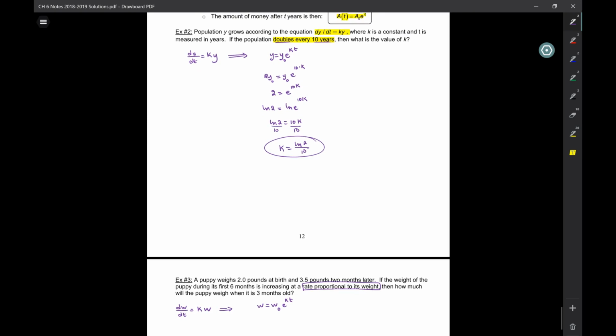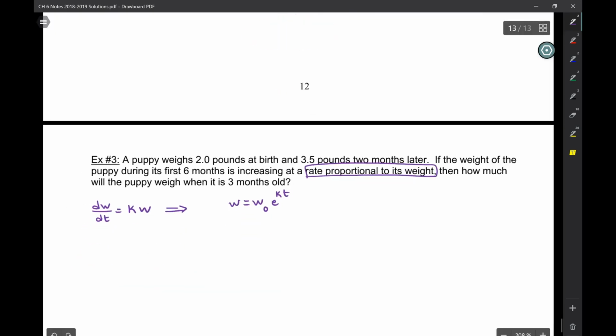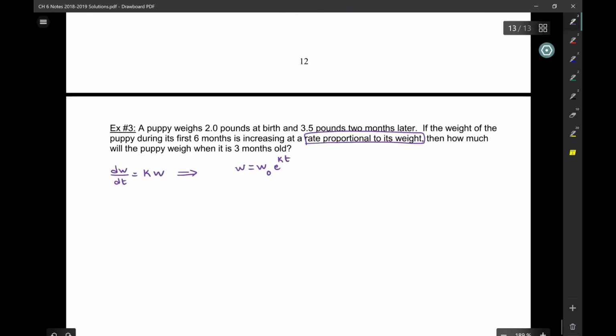When it's with the w's, w equals w naught e to the kt. So y just equals y naught, automatic. I'm not adding the y naught. It comes out of the solution. I didn't show you the solution, so that's why you feel like there was a piece missing. Maybe next week I'll show you the solution. Let's use it first.